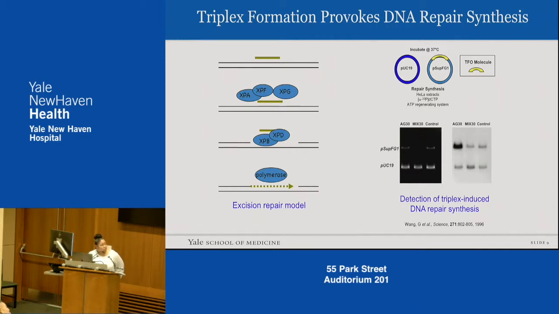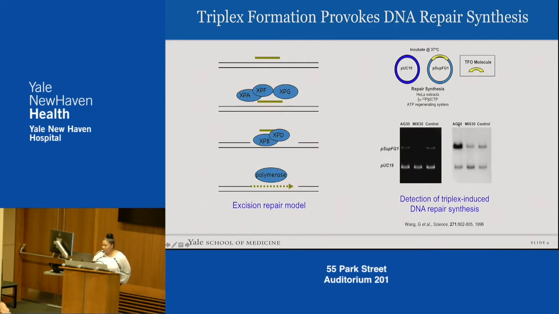We designed a triplex to bind to the target region, and then in an ATP regenerating system with radiolabeled nucleotides, we looked for incorporation of that radioactivity as a representative of repair synthesis.